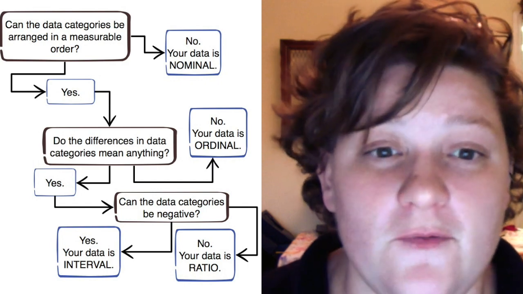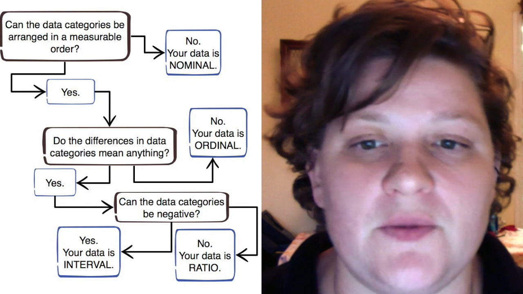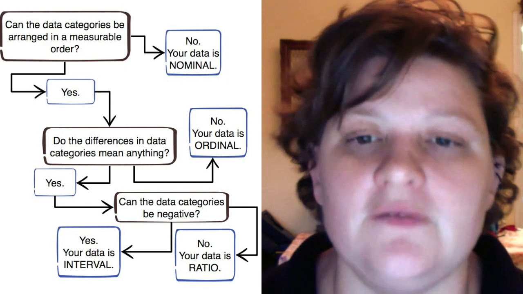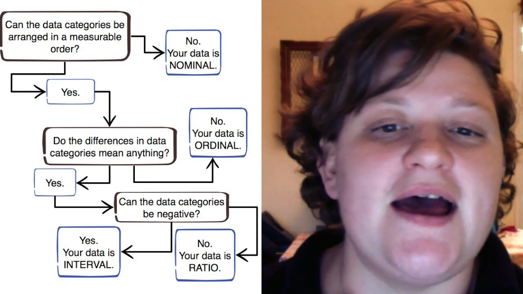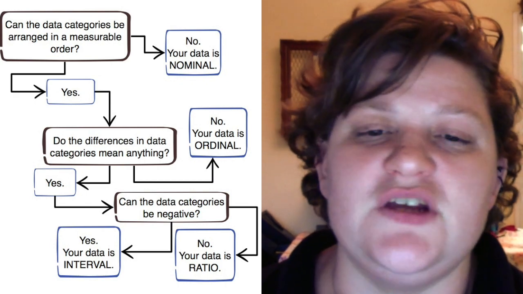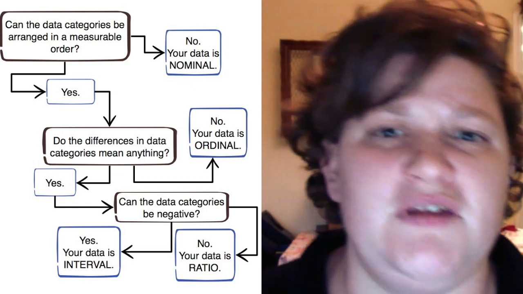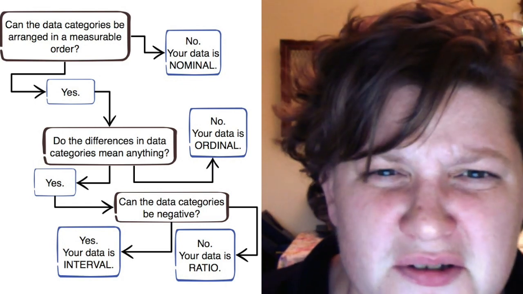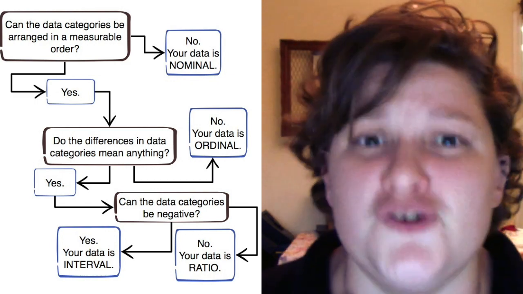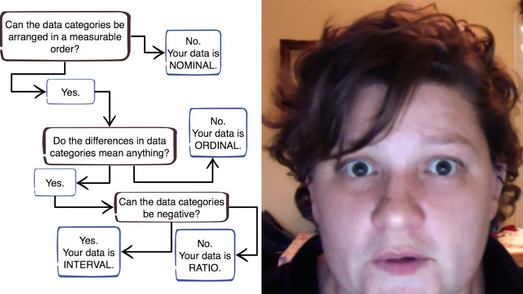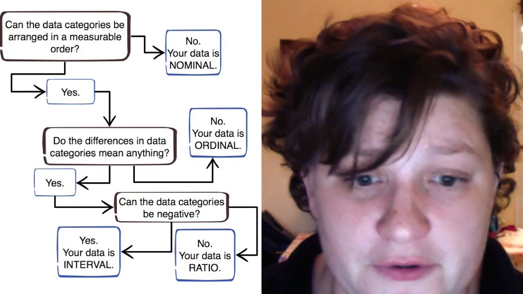If you were going to figure out which level of measurement that would be, I'd look at my little flow chart and say, my data can't really be arranged in a measurable order. You can't say that a roller coaster is better than the teacups, because they both can make you sick. It's not like you can say one is better than the other just based on the fact that you've got a word. So I would go with nominal as far as that grouping goes.